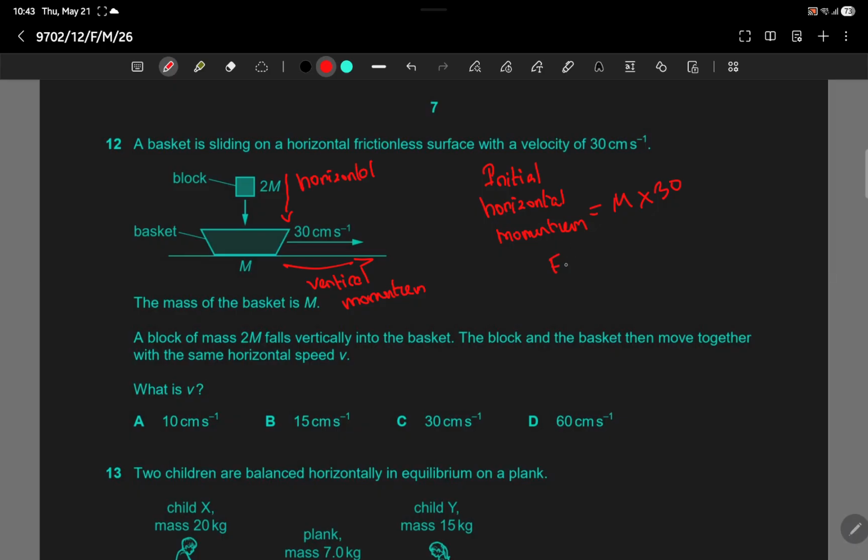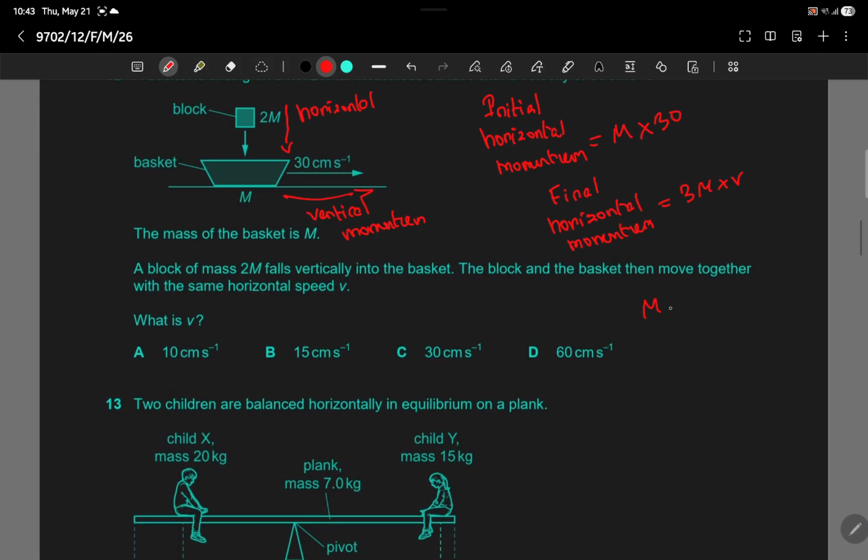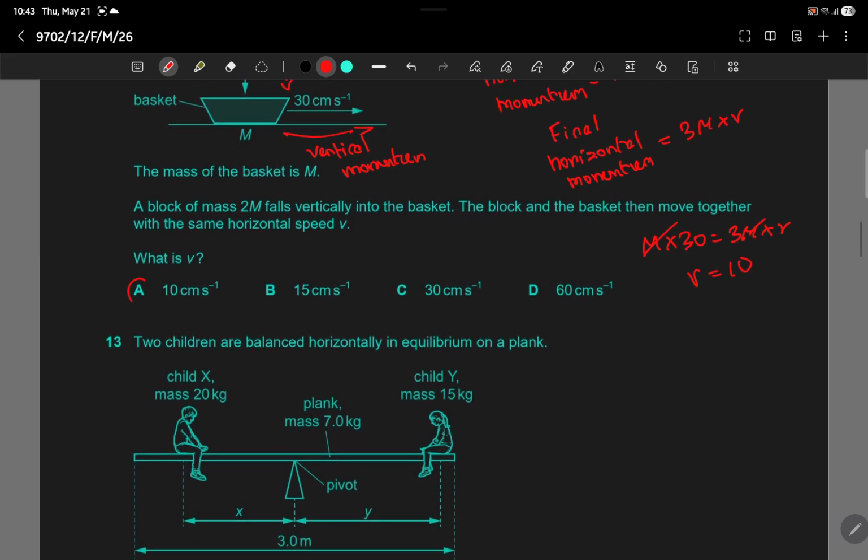So the final horizontal momentum is m plus this, so 3m into v. Right. So if you use the conservation of momentum, initial momentum is the final momentum, so m into 30 equals 3m into v. If you cancel this out, we get v as 10. Hence velocity v is 10.